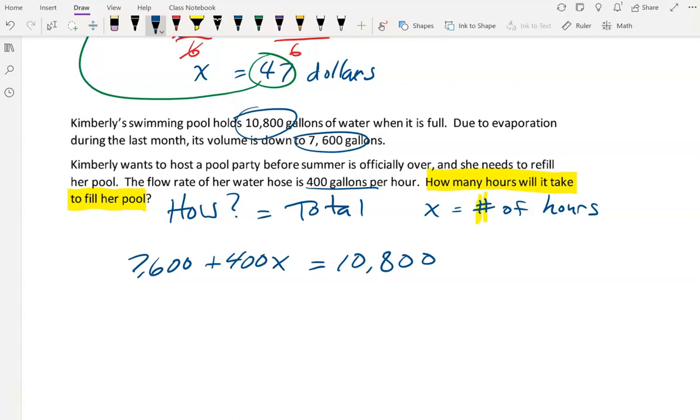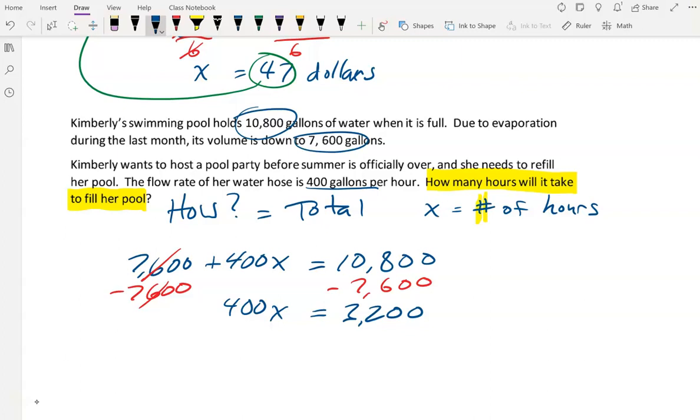So the first thing we do now is we want to solve. And the way we do that is, first of all, we are going to get rid of the water that's already there because we don't need to worry about that. So we're going to subtract 7,600 from both sides. And when we do that, we have 400x on this side of our equation and 3,200 gallons on this side.